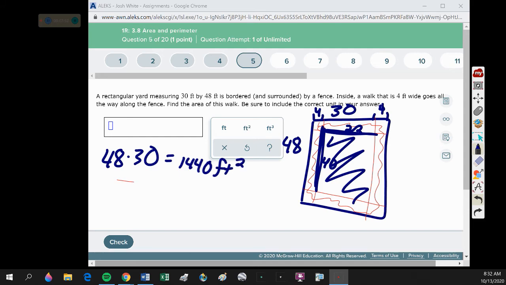And then the area of the inside, 40 times 22, is 880 square feet. Now what should I do? So 1440 minus 880 is 560.